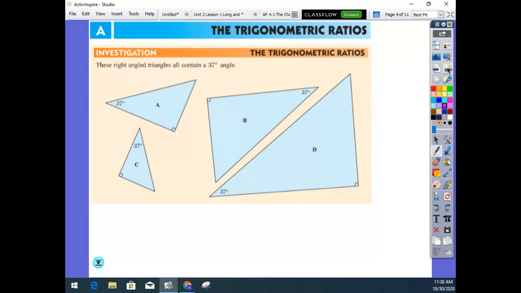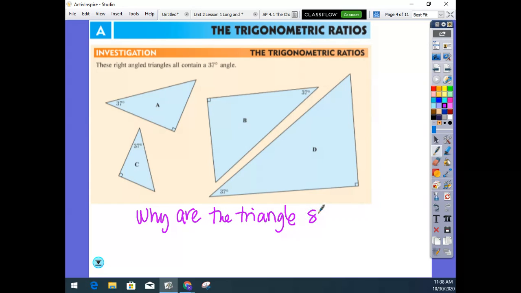This gives us 4 triangles. Why are the triangles similar? Not congruent. Why are they similar?